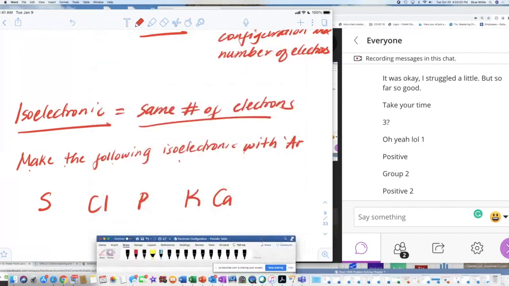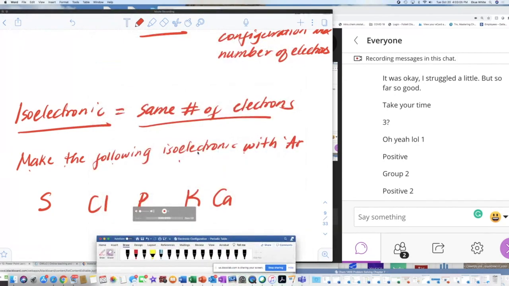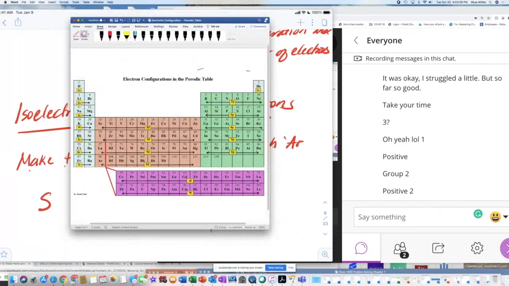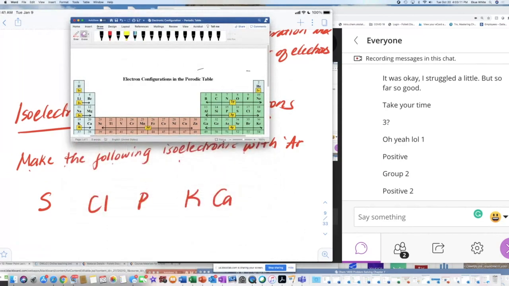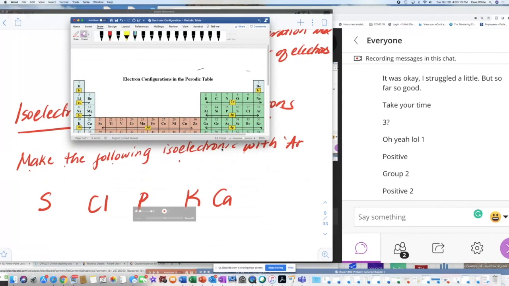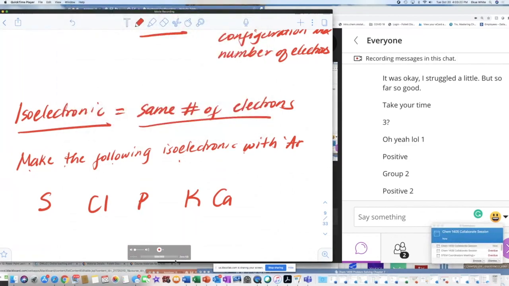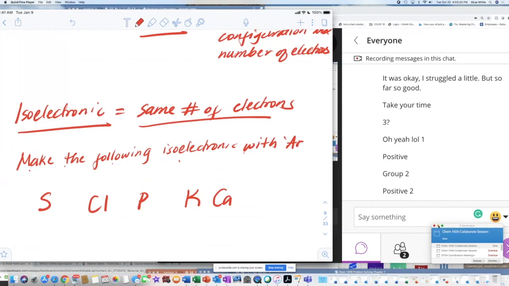Make the following isoelectronic with argon. Here's the deal. I have to make the following formulas here have the same number of electrons as argon.